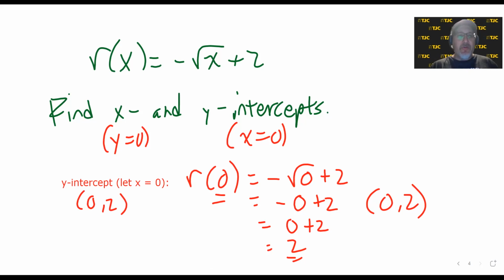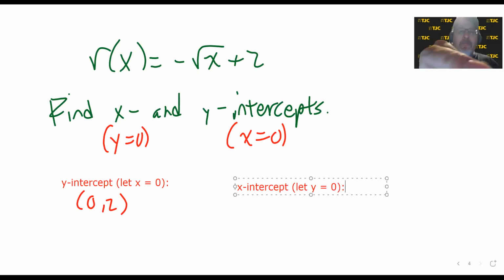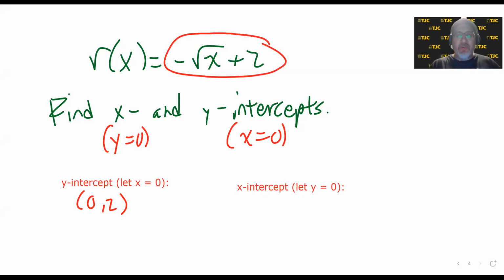For the x-intercept, we pretty much do the same thing. To find the x-intercept, we let y equal 0. But where is the y in a function notation problem? The y is the output. So we need what's coming out to equal 0.